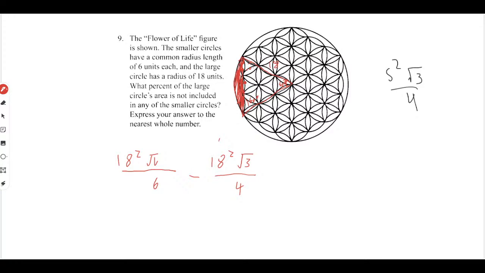You can just draw a perpendicular from one of the vertices. This will be 9, and this will be 9 square root of 3. Okay, so this is the area of this big part right here.